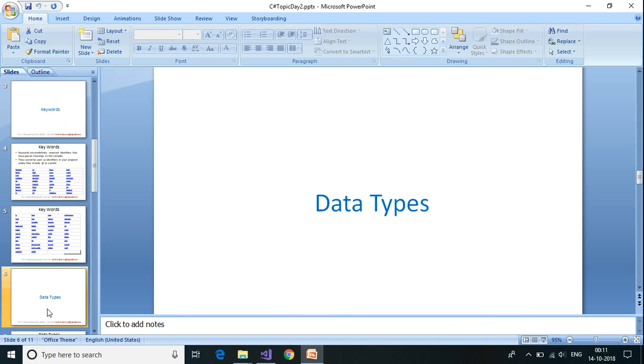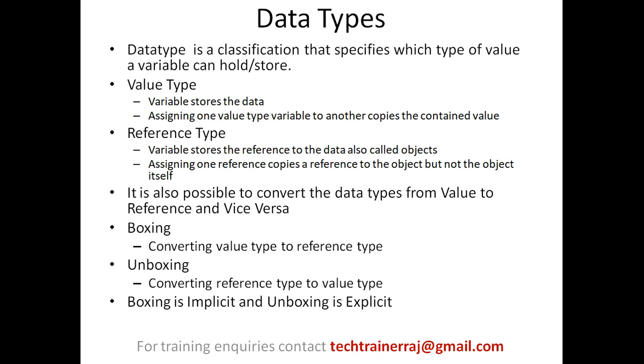Let us take a look at data types now. Data type is a classification that specifies which type of value a variable can hold or store. There are two types of data types. One is value type, the other one is reference type.